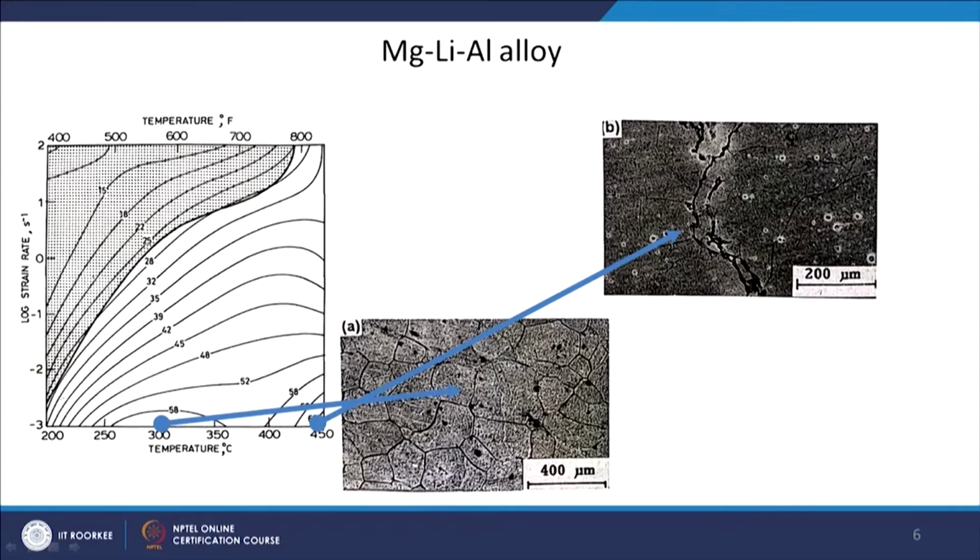Some void formation, voids must have nucleated and connected with each other, and some cracking has taken place at the grain boundary. So, though it shows high efficiency, we should be concerned about this, that it shows high efficiency, but there are defects in the material.